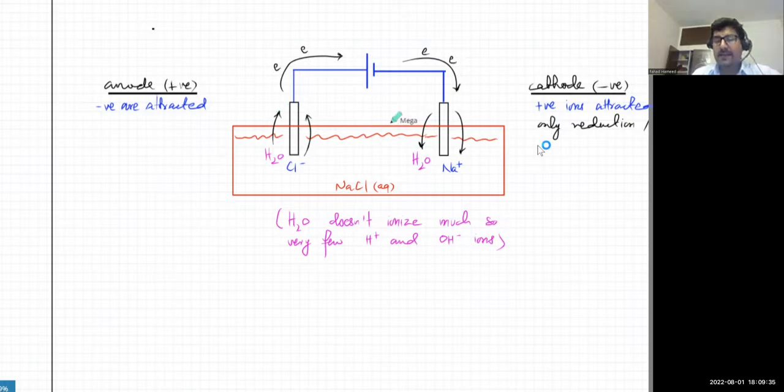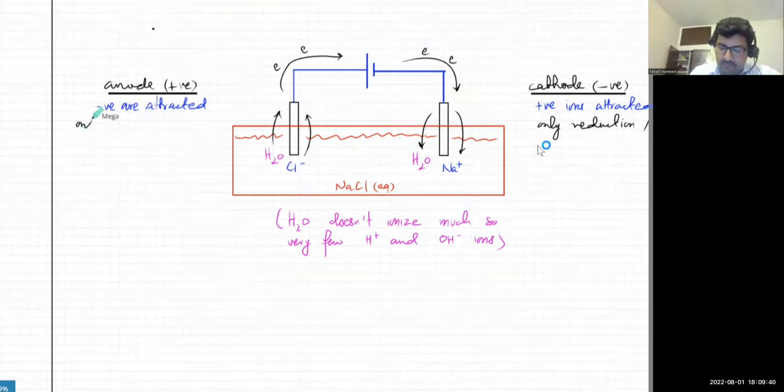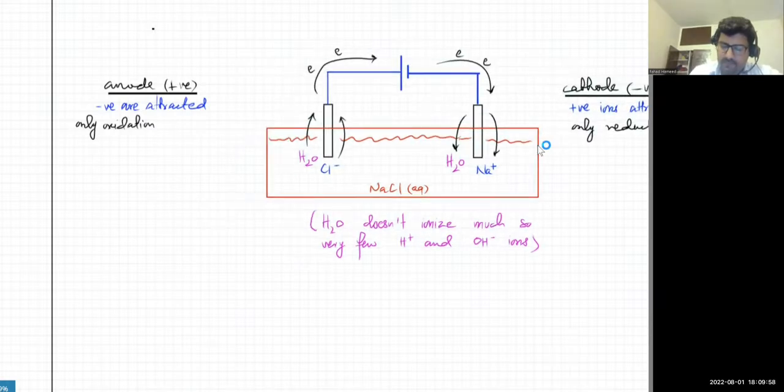The battery is going to take away electrons, and so only oxidation, and you're going to read the equations in the backward direction. All equations will be written in the backward direction.